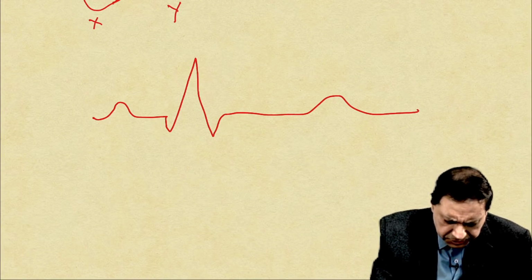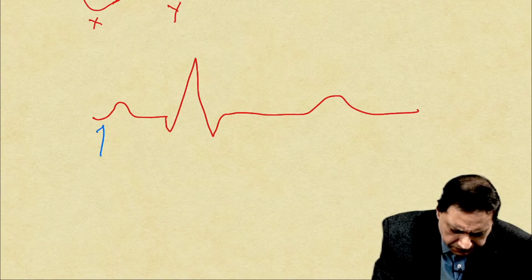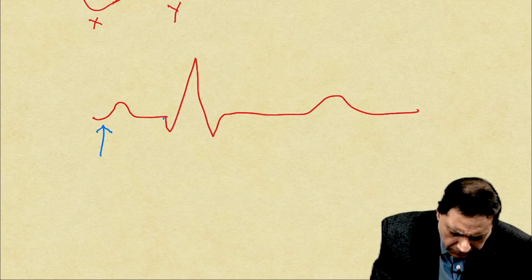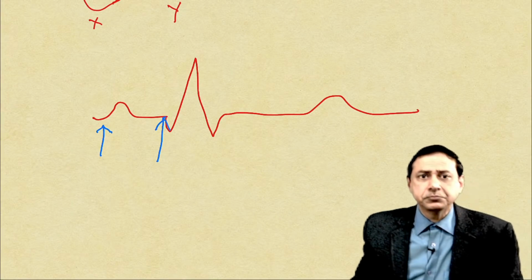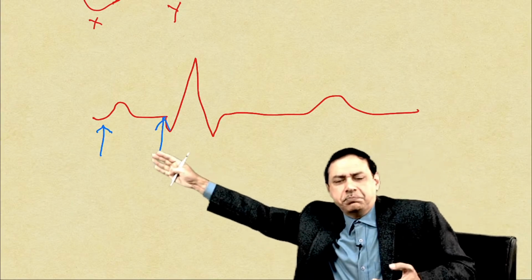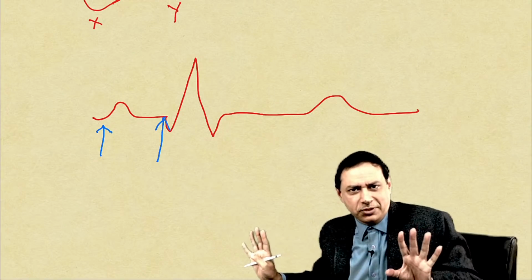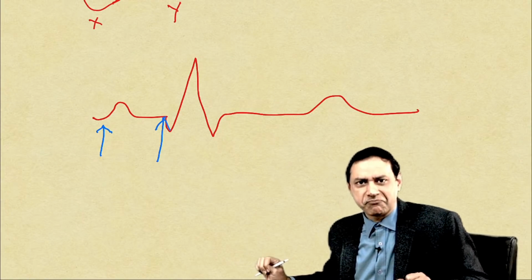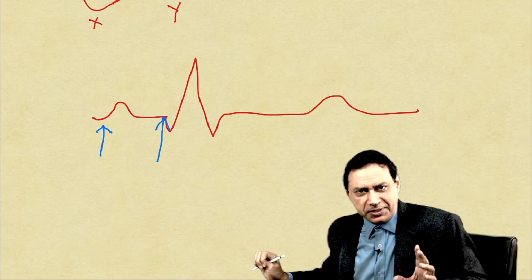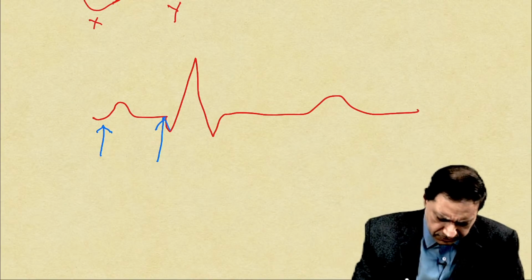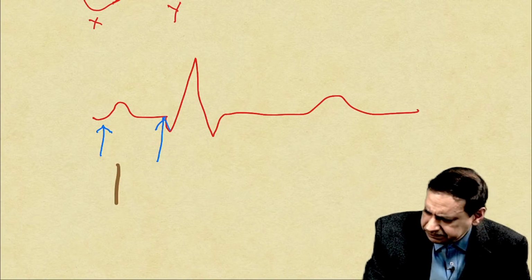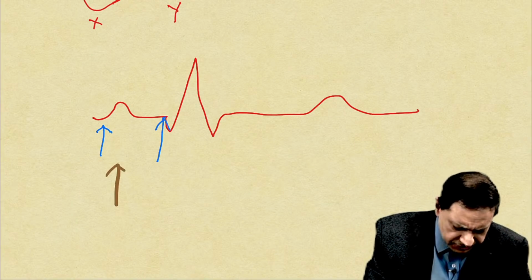PR interval is from this point up to this point. Ideally, we should call it PQ interval, but no, we call it PR interval. Okay? So, this represents what?